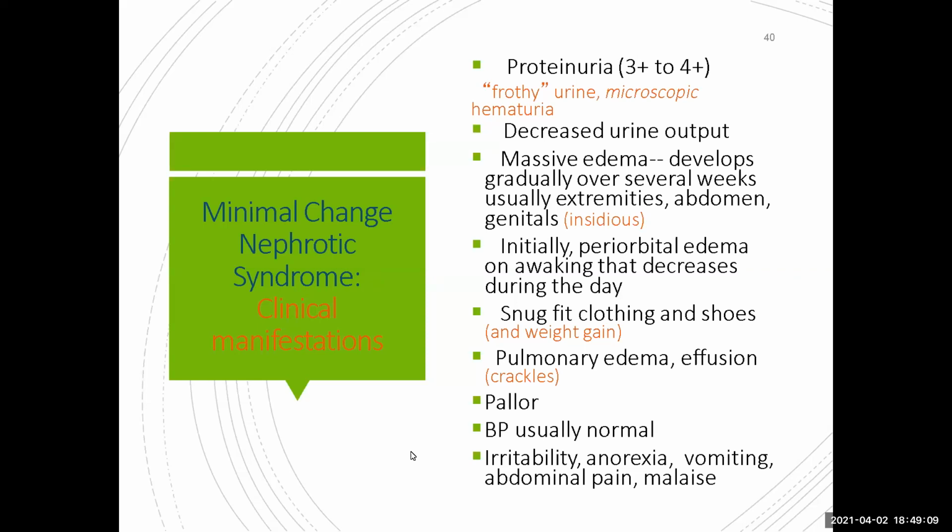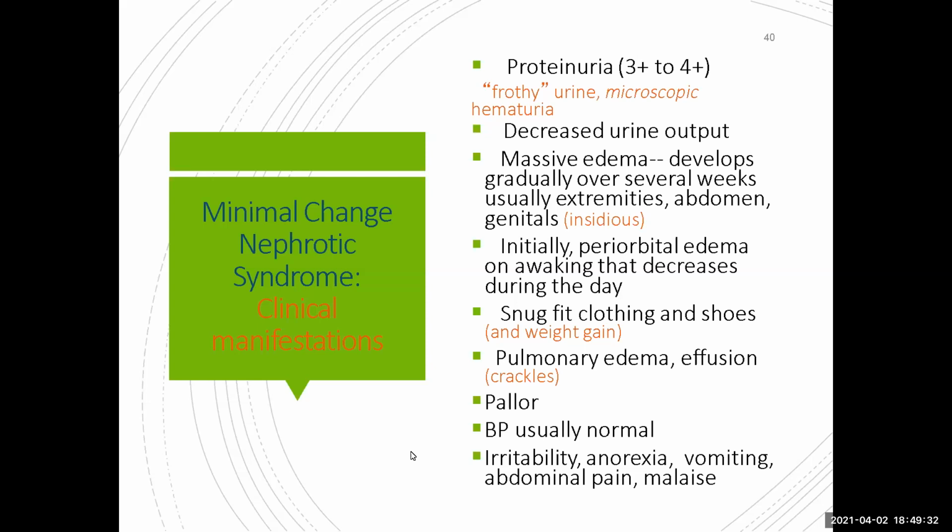Microscopic hematuria, so you might not be able to see the blood cells, but there are some in there. Decrease in urine output, massive edema, which can develop over several weeks, usually in the extremities, abdomen, and genitals, like Shannon had said.